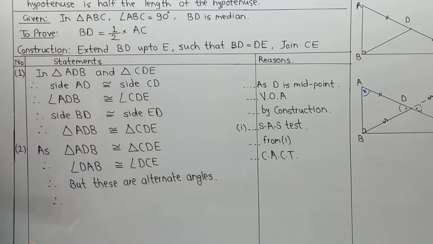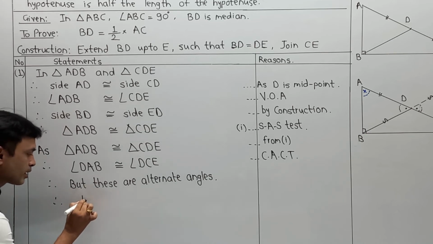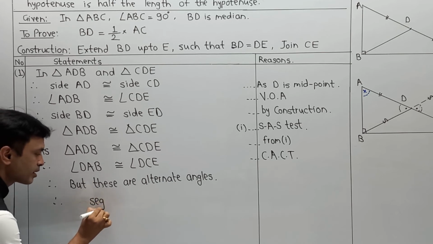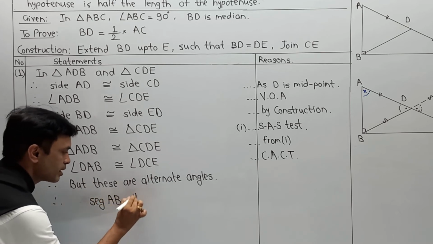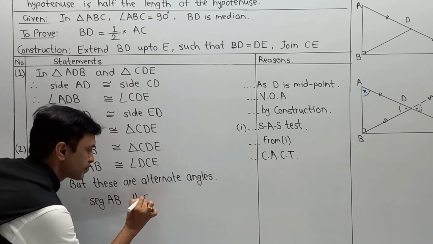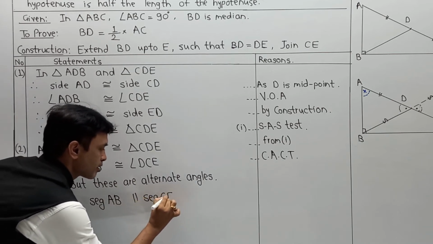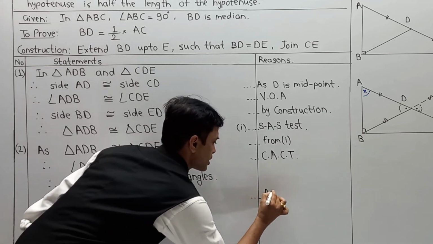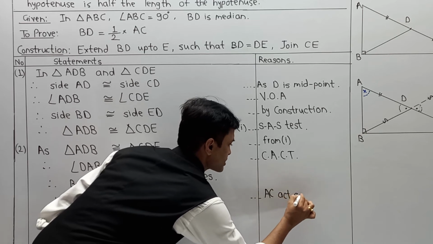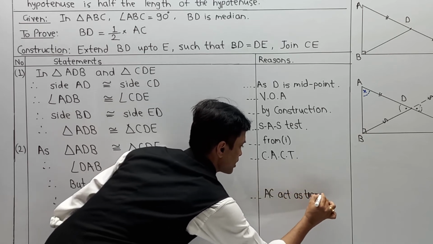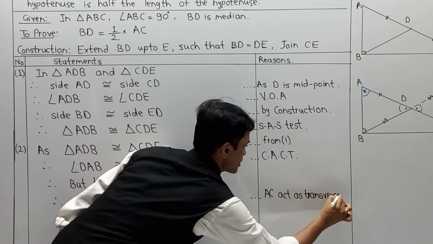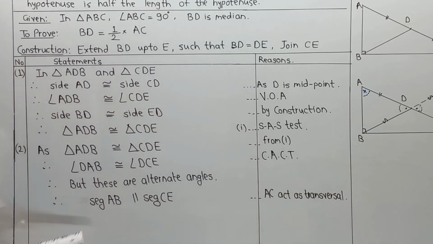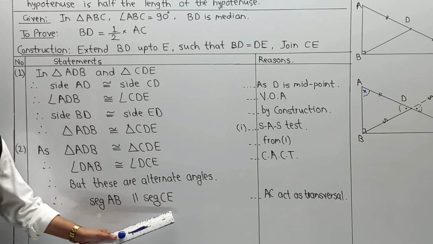Therefore, we can say that line AB is parallel to line CE, or you can say segment AB is parallel to segment CE, and your AC acts as a transversal. So reason, AC acts as transversal, and in this way you are able to prove that AB is parallel to CE.